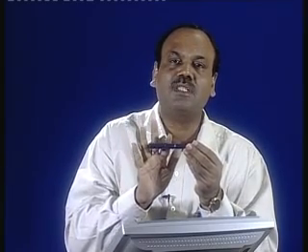So, for a particular beam for which we know the support conditions and the loading, we compute the value of the bending moment at the section where we are interested to evaluate the bending stress. Once we know the bending moment, then for that cross section we will have to establish the position of the neutral axis, and once we know the neutral axis, we can compute the moment of inertia of that section and also the position of the point with respect to the neutral axis, the distance y. So, we know the bending moment, we know the distance y, and we know the moment of inertia of the cross section with respect to the neutral axis.